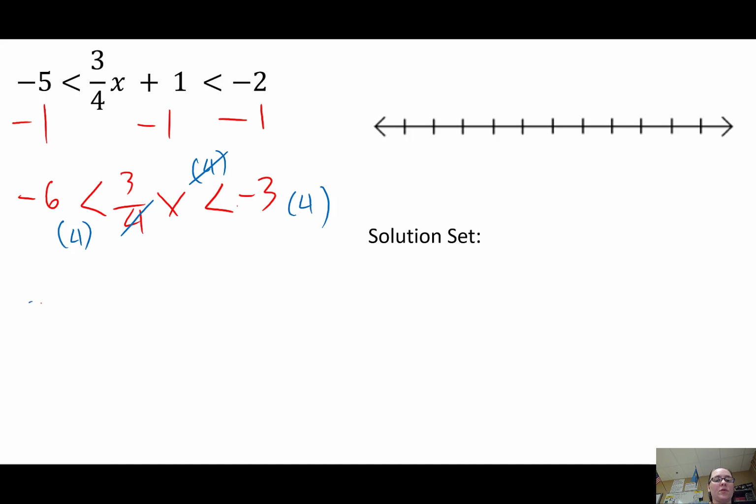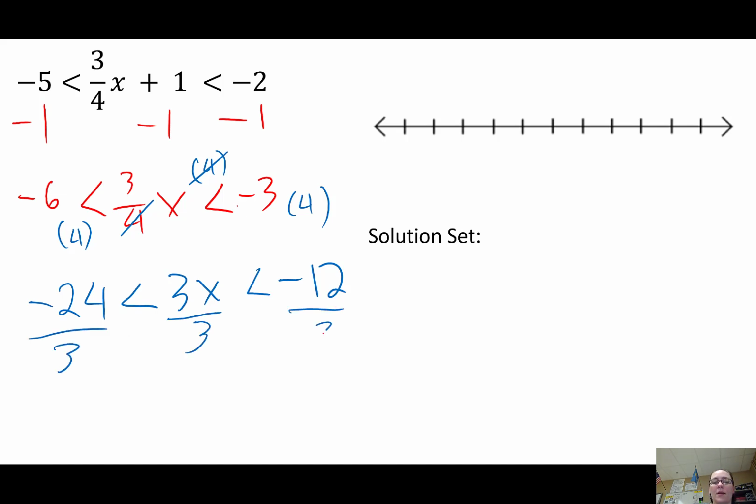I get negative 24, so negative 6 times 4, is less than 3x, less than negative 12. And then I can divide everything by 3. So I get negative 8 is less than x, which is less than negative 4.